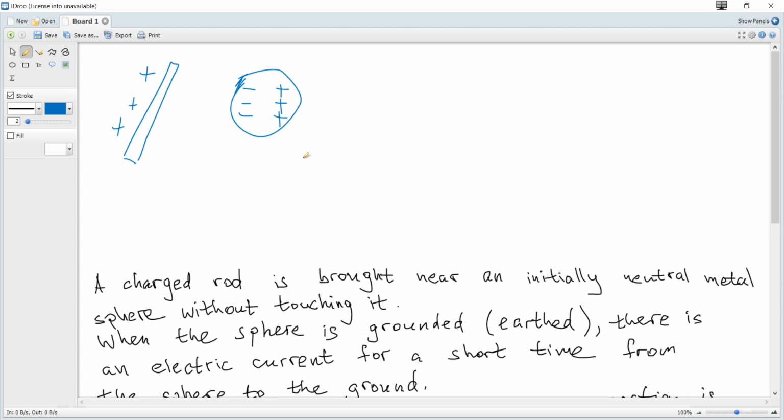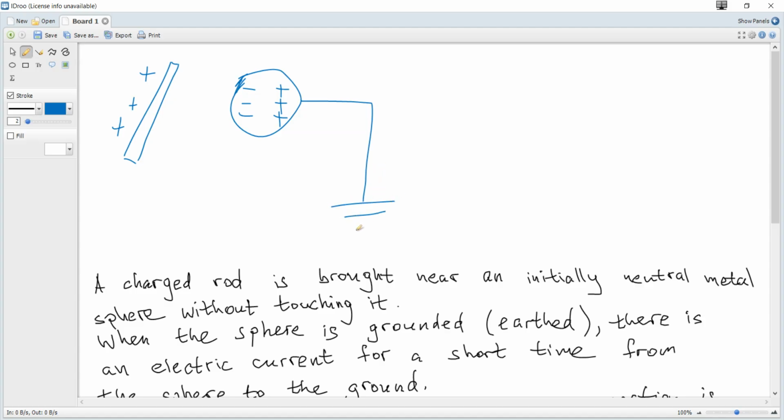And now, the metal sphere is still neutral. It's very important. There is just such a distribution of charges, but the number of pluses is equal to the number of minuses, so it's neutral. But then we connect this sphere to the Earth with metal. Why? It's very important, with a conductor, not an insulator.